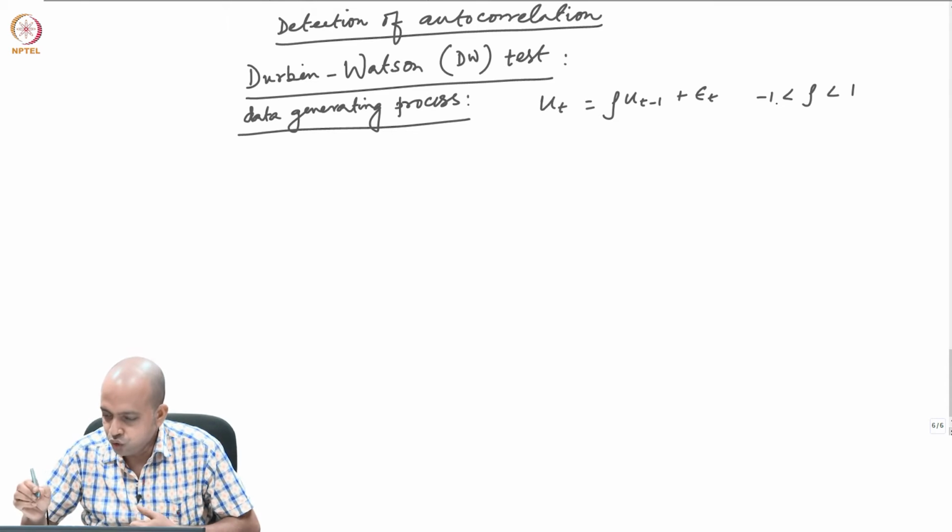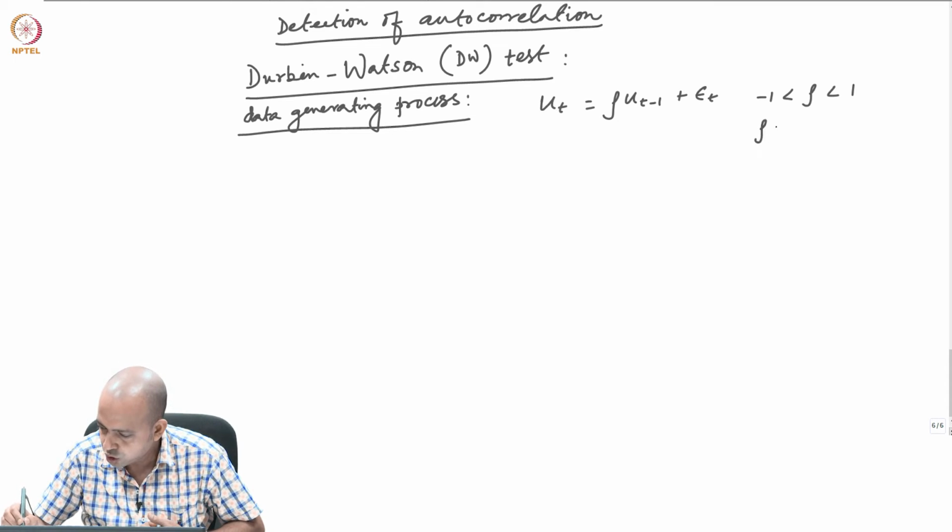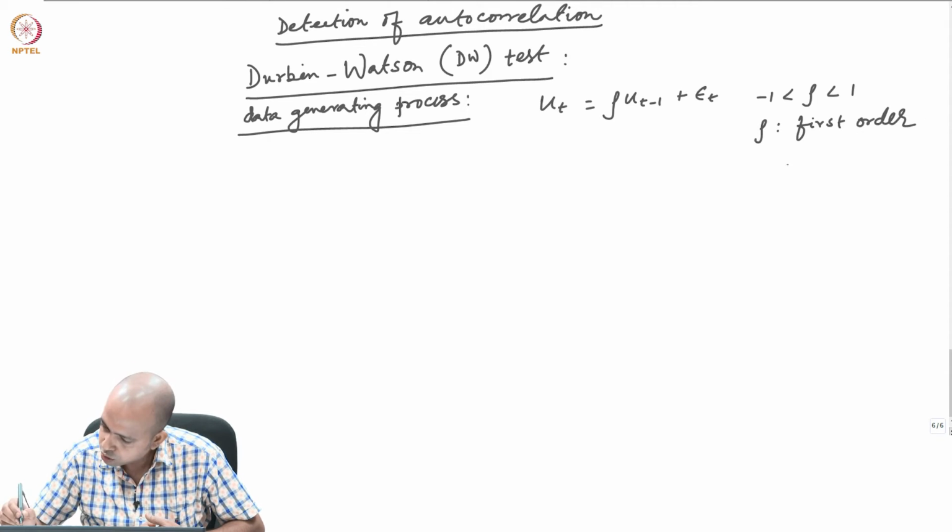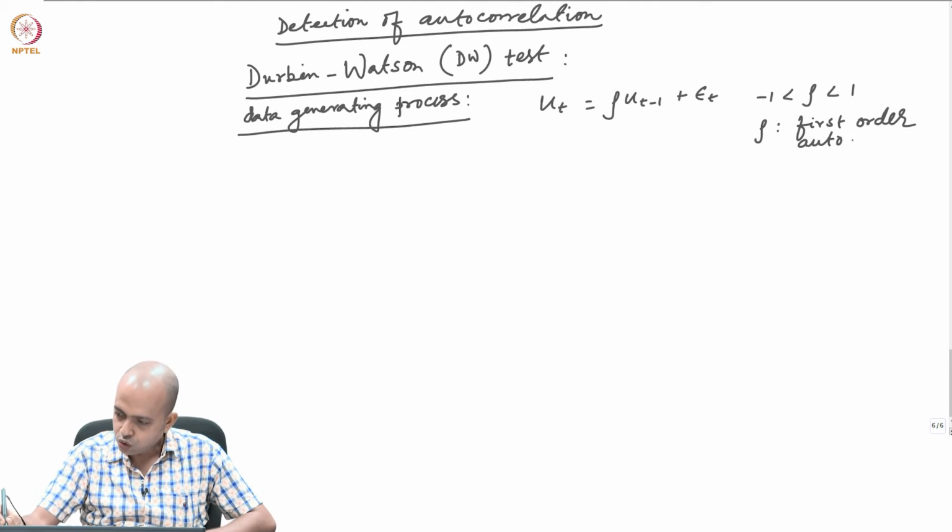This rho is called the first order autocorrelation coefficient.